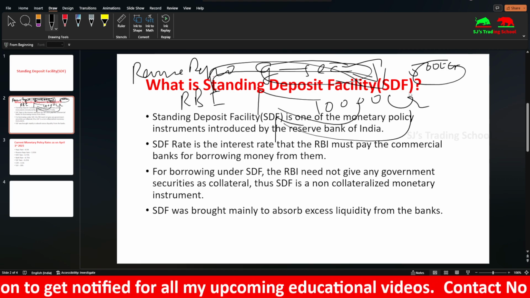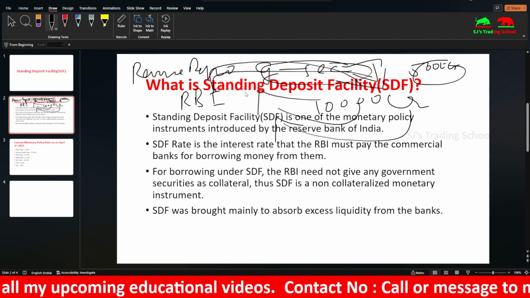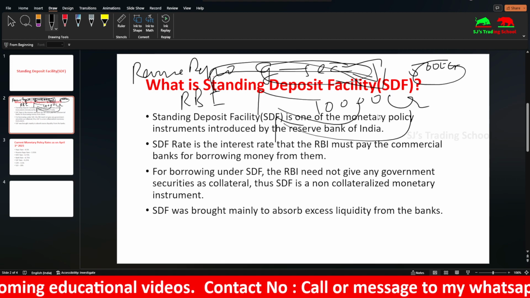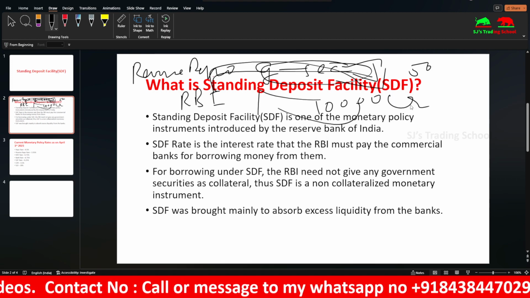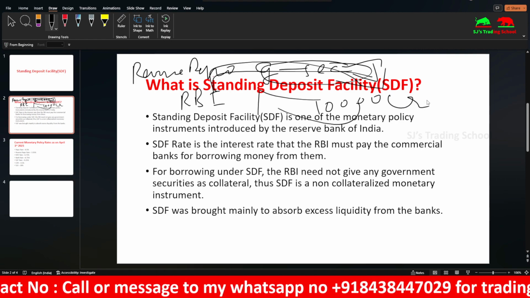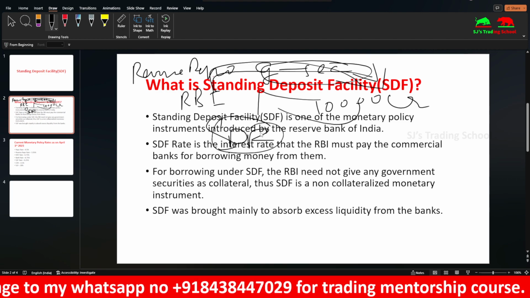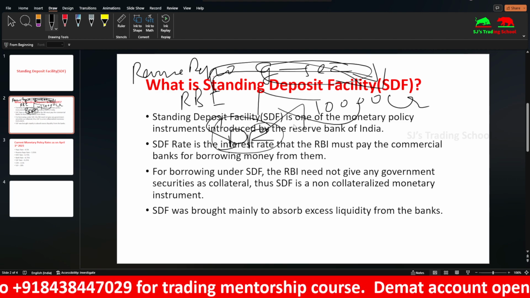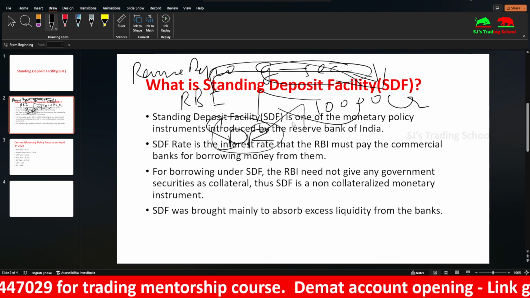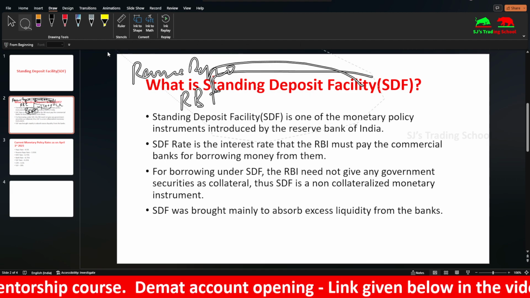But if it needs all the 10,000 crore, it must purchase some government securities from the government, and then give them to the commercial banks. So if the RBI doesn't have them, it can't absorb the liquidity from the commercial banks. In case of SDF, this is removed. This struggle for the RBI to get government securities is removed. It does not give any collateral. So that is the difference.